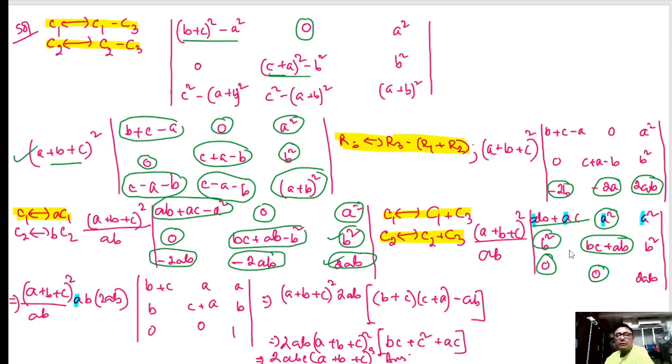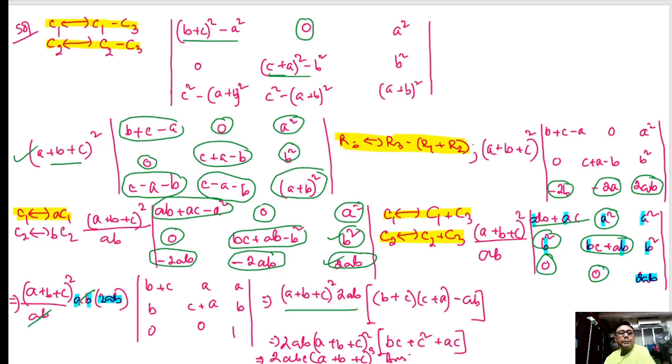We can take ab common from the second row, and here is that. And we can take 2ab common from the third row. So these are the things which are remaining ultimately. Here we can see that AB and AB will cancel, so this will remain.